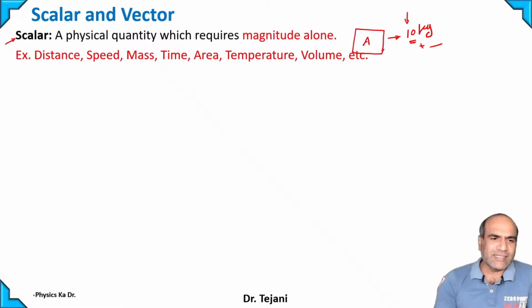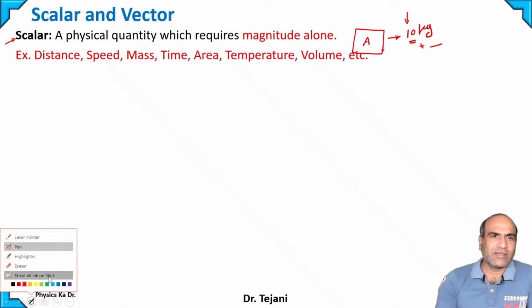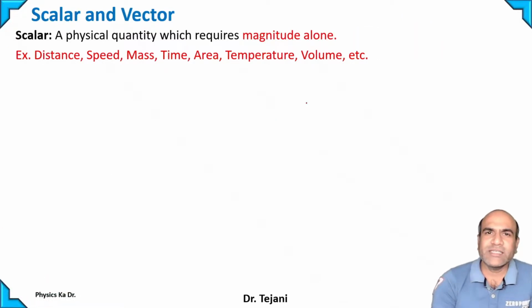Let us consider a few examples of scalar. First, it is distance. In one of the topics, distance and displacement, we understood how it works. Say for example, Arpita is asked to go to her school.